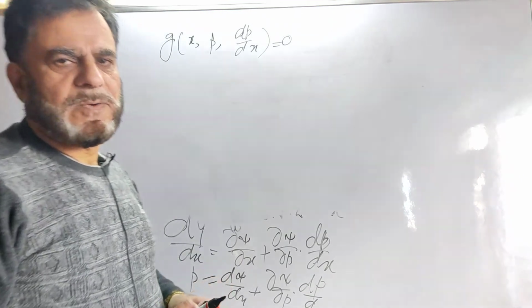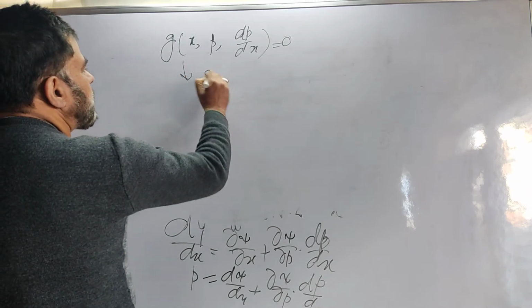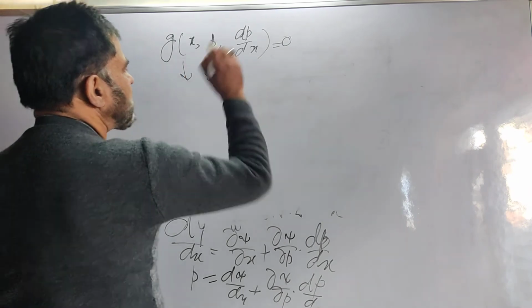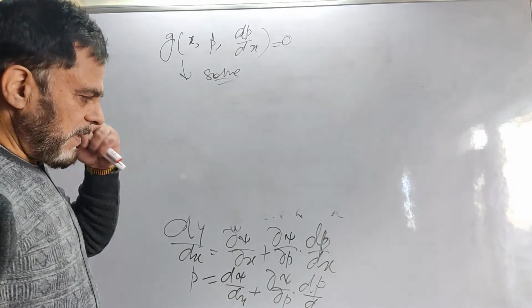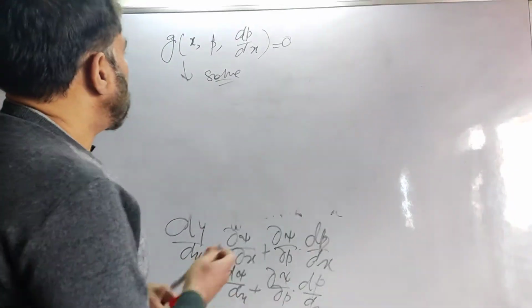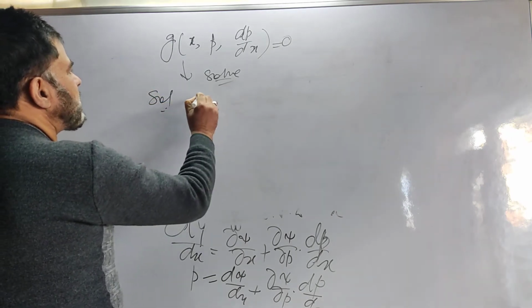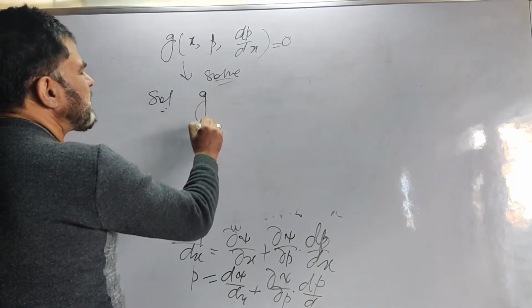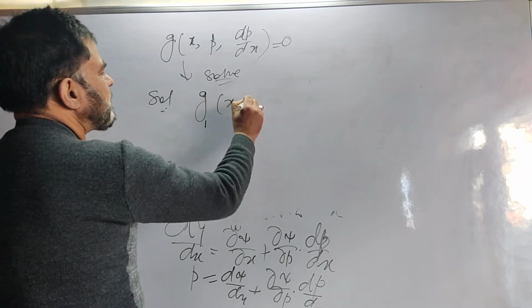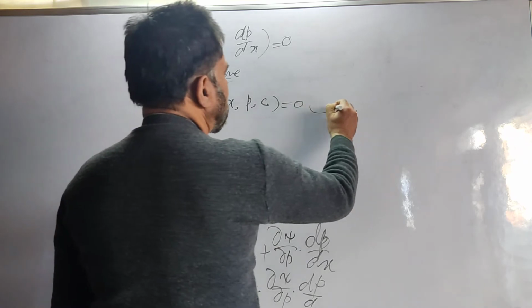It will not now involve y. Now we solve this by some method, say variable separable method or some other method. You will get a solution of this type, some function g of x, p, c equal to 0. Let this be equation number 3.